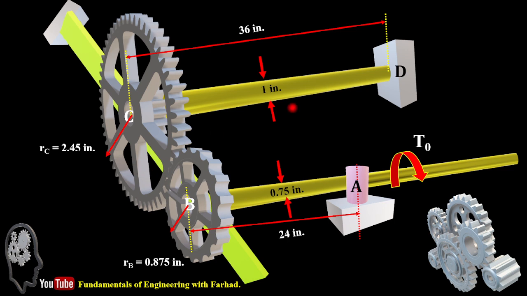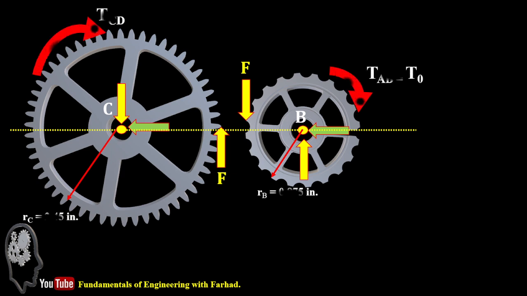So the two steel shafts are provided, their lengths are given, and their diameters and radii are also provided. By having the free body diagram of the shaft, as soon as we apply a torsional torque at one end of shaft AB, the same torsional torque is applied to the gear.